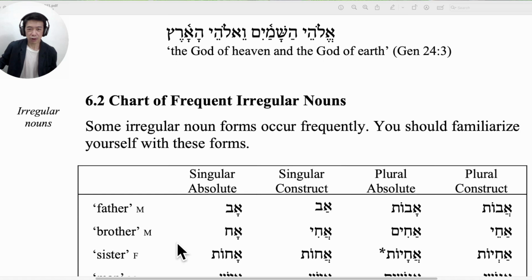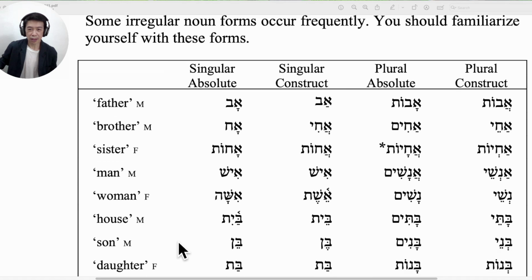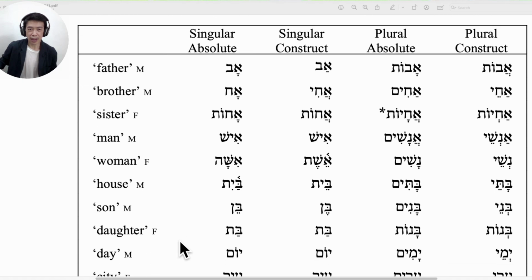Here's a chart of frequent irregular nouns. We will not read everything, but I'd like to analyze this chart together with you so that we can see some distinctive features. In general, you can see that in the construct form, the vowels are shortened compared to the absolute forms.